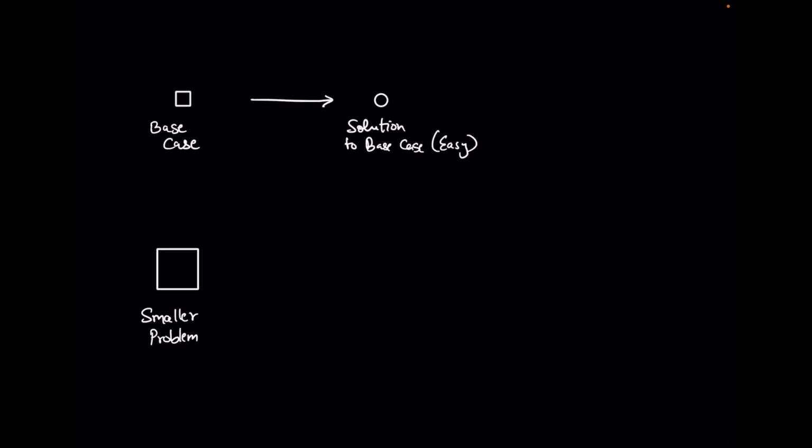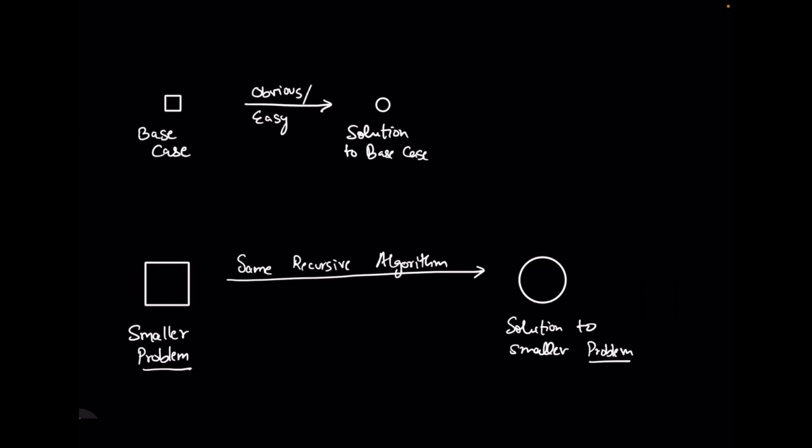So if we have a smaller version of the original problem, then what we can do is use our original recursive algorithm that we were using for the original problem on this smaller problem also and find a solution to the smaller problem, right?